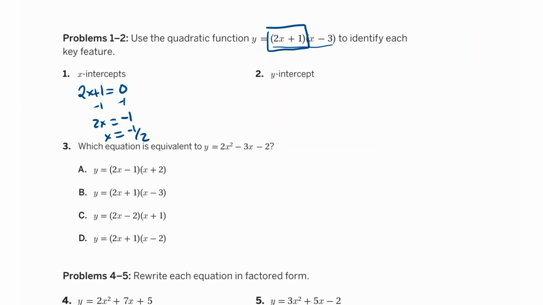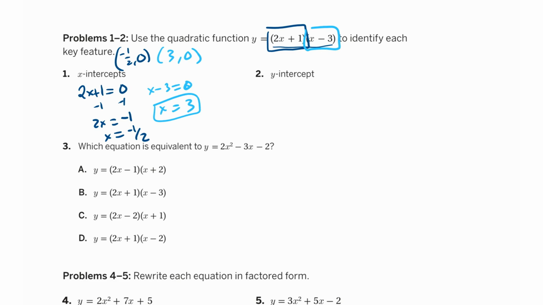That's our first x-intercept. Our second x-intercept is given by x minus 3 equals 0. Add 3 to both sides, and we get 3 comma 0.